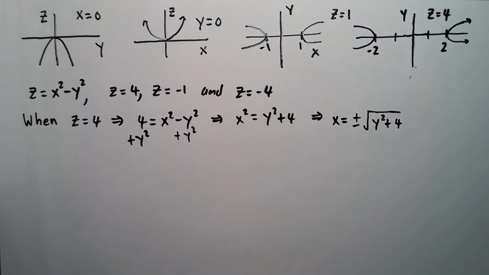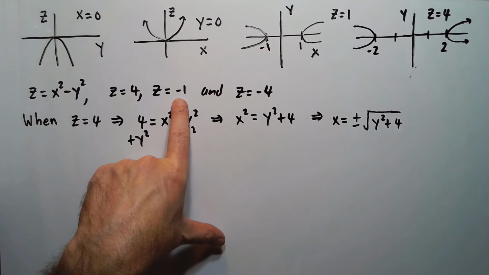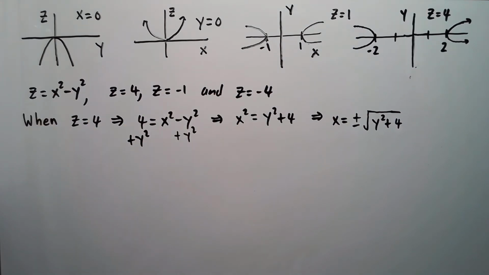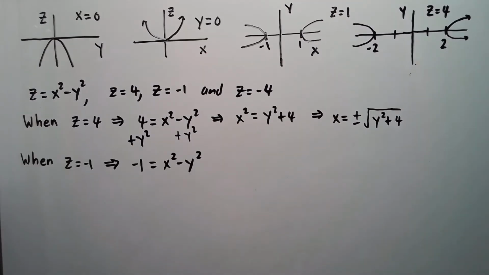Alright, let's do next z equals minus 1. So let's put minus 1 in place of z over here. So doing that, we get minus 1 equals x squared minus y squared. This time I'm not going to solve for x, I'm going to actually solve for y. So let's first subtract x squared on both sides.